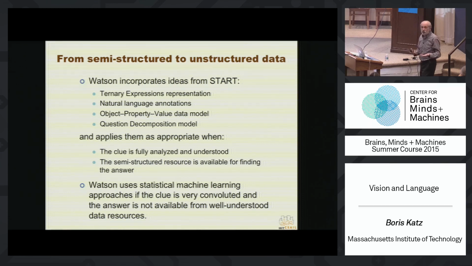But many questions, of course, were not like that, and "stretching the envelope" is one example. So Watson used some statistical machine learning approaches, and they did quite a good job of looking at a lot of data to resolve and answer these questions.